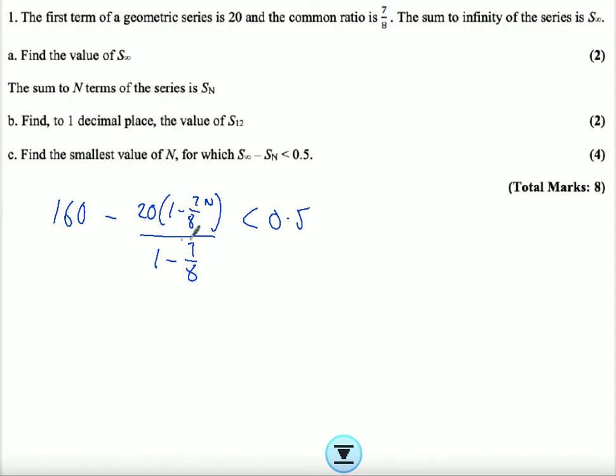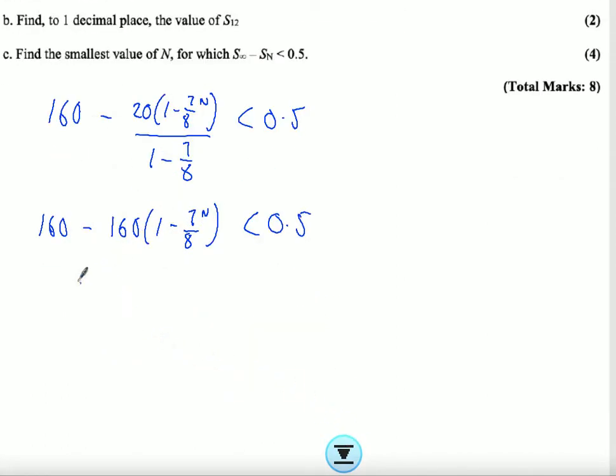Okay, so I can see how this is going to be a little bit trickier, but let's see what happens, shall we? So 1 subtract 7/8 is 1/8. So dividing by 1/8 is the same as multiplying by 8. So 160 subtract 160, 1 subtract 7/8 to the power of n, and we want that to be less than 0.5.